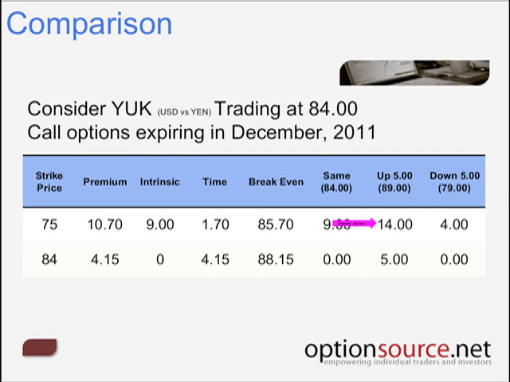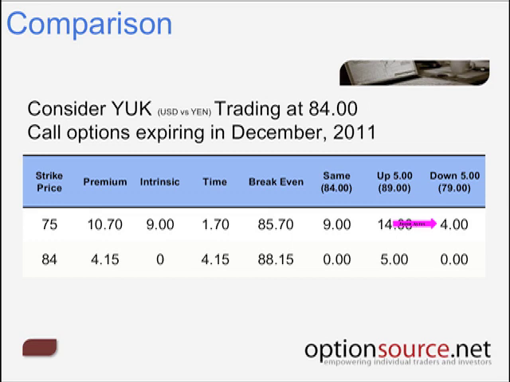If the pair actually goes up in value, we actually will be able to settle out that position at $14, because that's going to be the intrinsic value of the option contract when we take an 89 point pair value and subtract the 75 strike price. It's going to be worth $14.